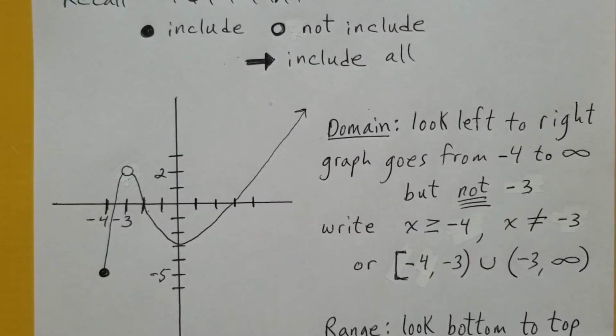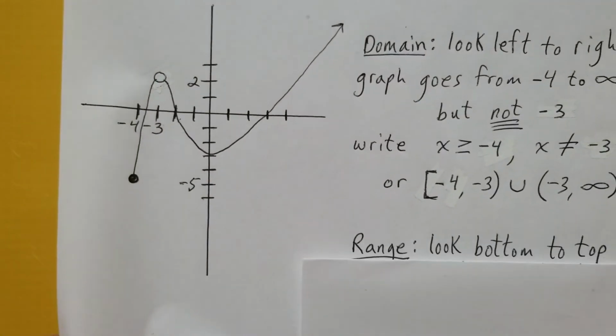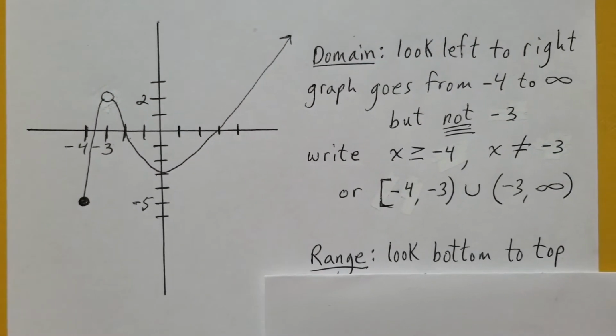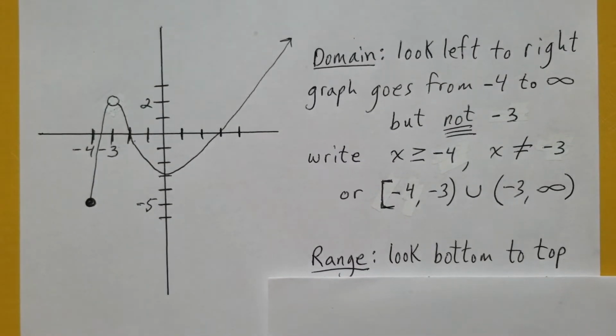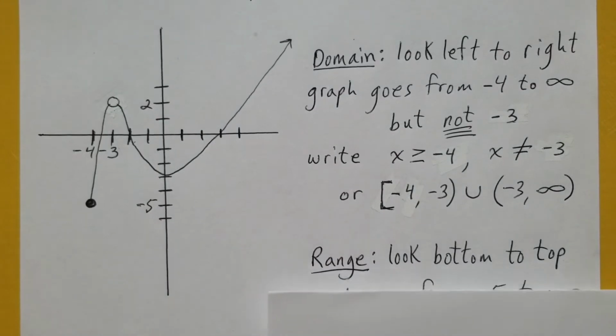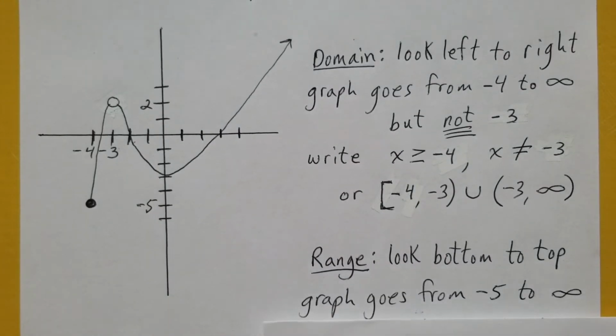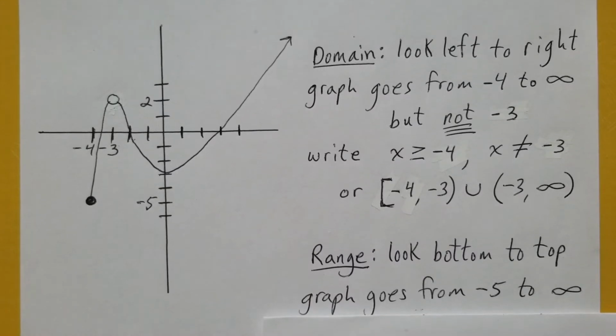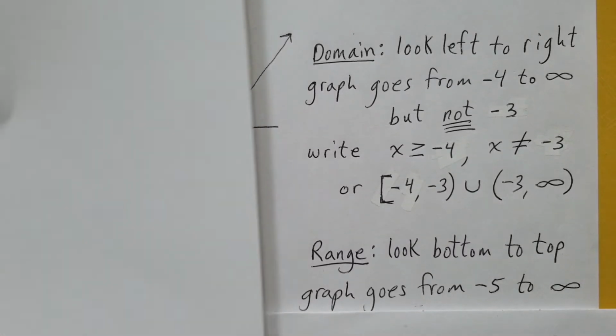Now let's look at the range of this graph. The range is when you look from bottom to top, right? The range is the y values. So if we look at the graph from bottom to top, okay, here we go.